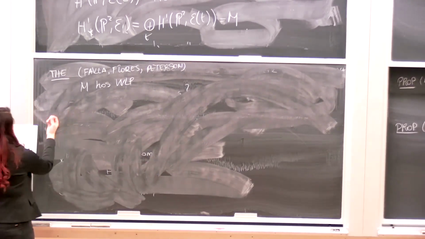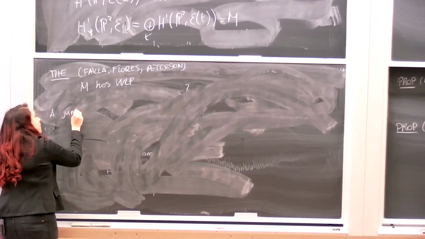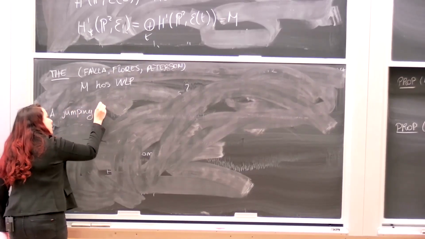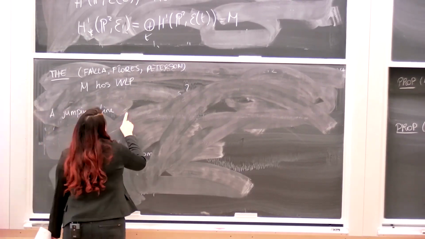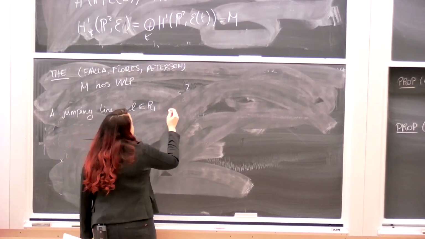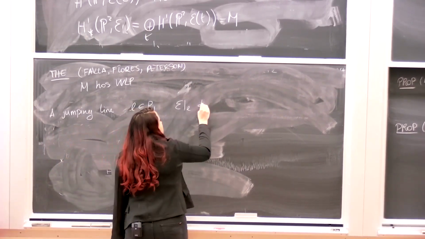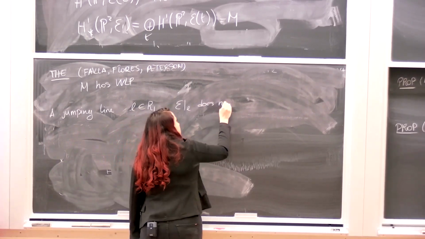So first, let's recall what a jumping line is: any line such that E does not split in the general way.